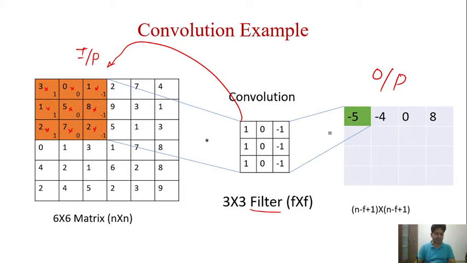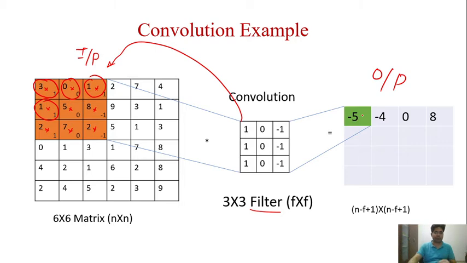Whatever value is coming, that will go to the output matrix. So simply you can say we are doing pointwise multiplication of all the points, and then we add all of them.